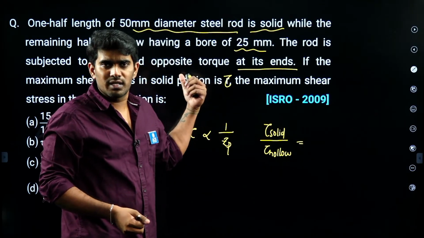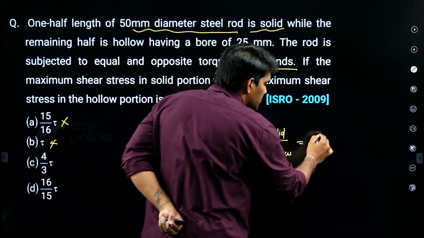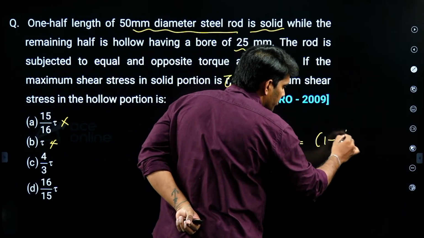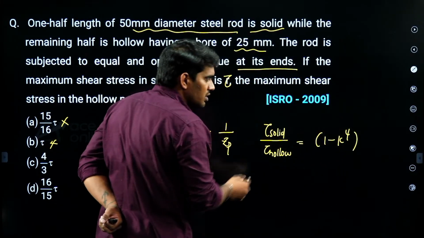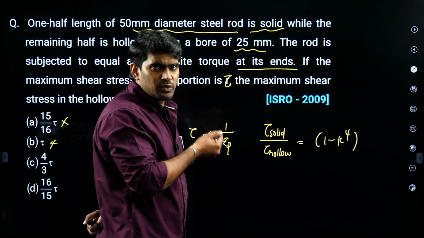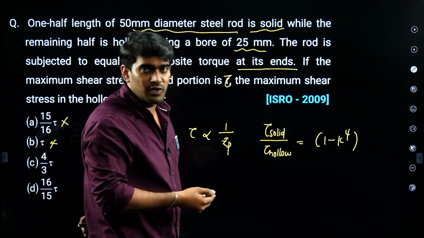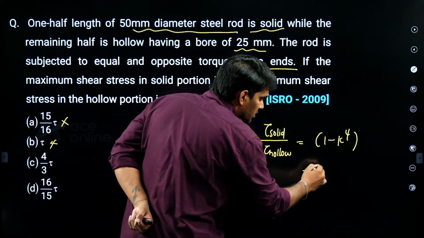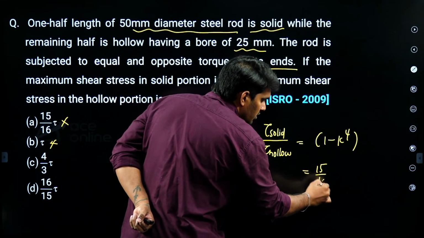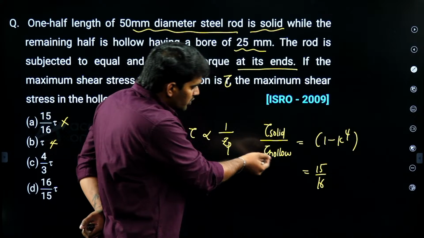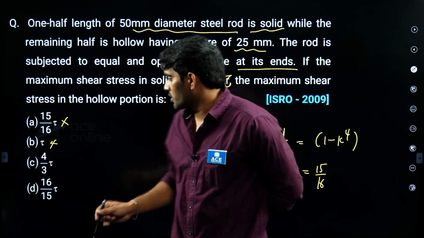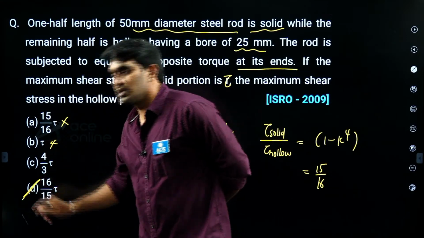The outer diameter is the same, so this comes out to be 1 minus k to the power 4. What is the value of k? The k value here is 1/2, 25 and 50. This comes out to be 15/16. Obviously, the stress in the hollow portion will be 16/15 times the solid. The answer has to be D.